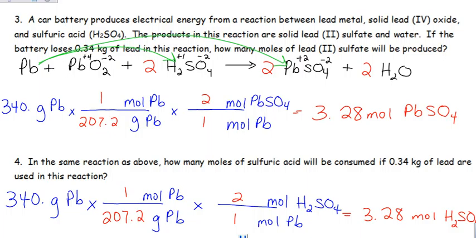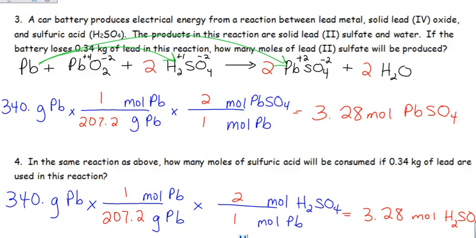And we are given the formula H2SO4. The products in this reaction are solid lead 2 sulfate and water. So they tell you all the reactants and products, and we don't need phase symbols. We don't have to worry about no reactions. It works.